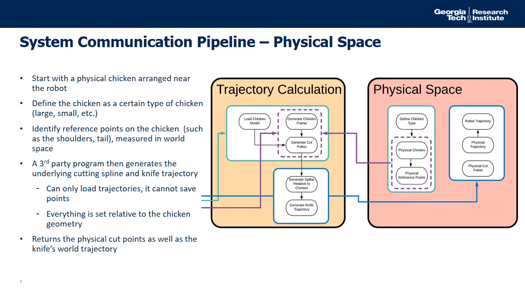That information is passed to the trajectory calculation module. In the trajectory calculation module, cut points are generated and they are smoothed using a spline function and turned into a knife trajectory. The cut points as well as the knife's trajectory are passed back to the physical space where the cut can be performed by the robot.